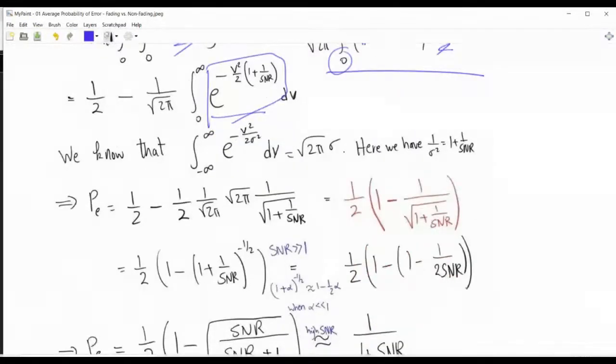We showed that once you do this integration here via matching with the Gaussian PDF, you get that the average probability of error is given by this quantity, which is, okay, what is this thing? Perhaps doing an approximation will reveal the dependence of the average probability of error versus the average signal-to-noise ratio.